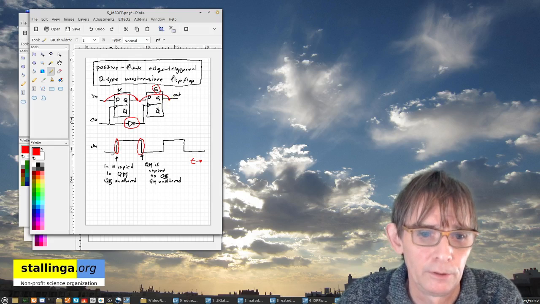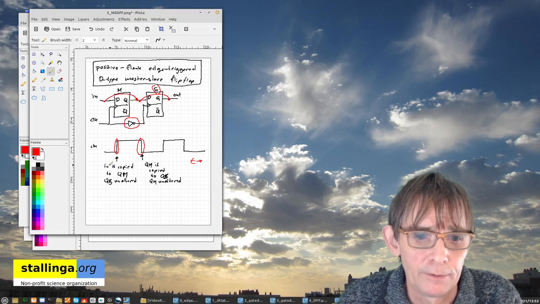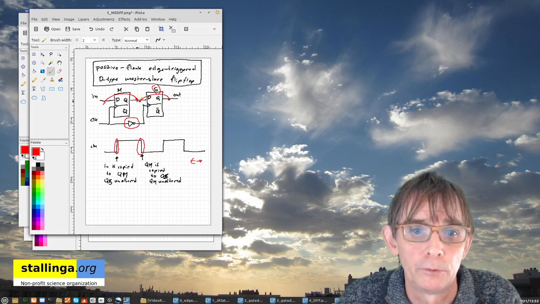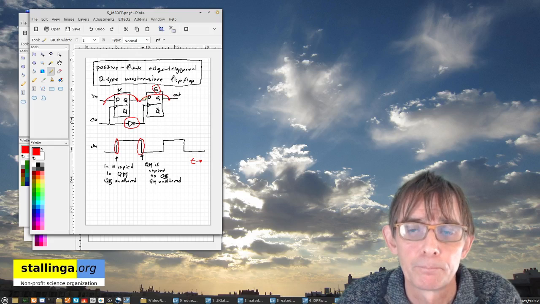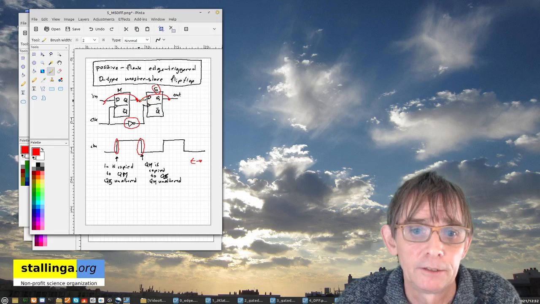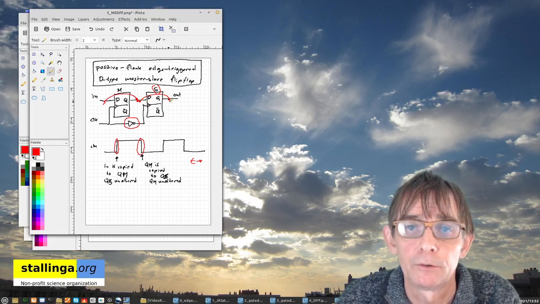So in summary, on the rising edge, it's copied from the input to the intermediate, and on the falling edge, it is copied from the intermediate state to the output.